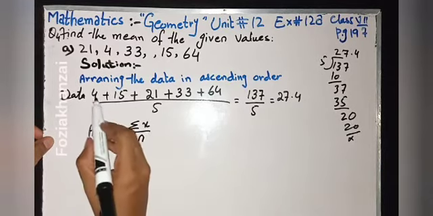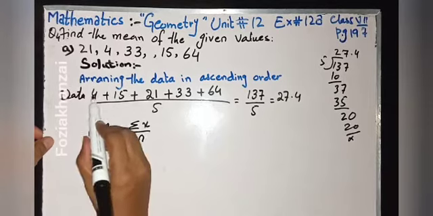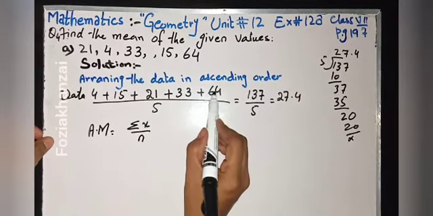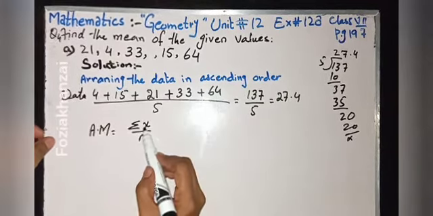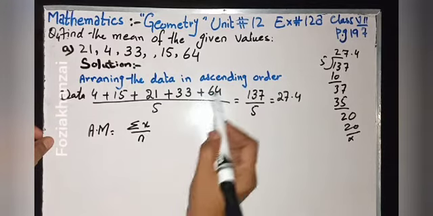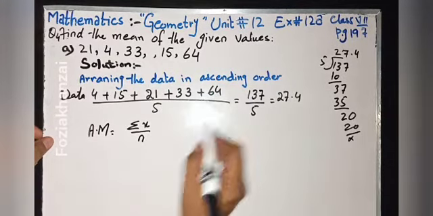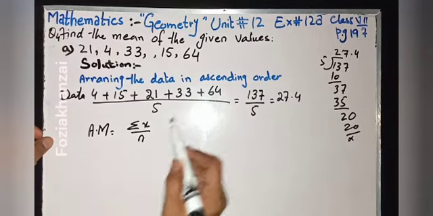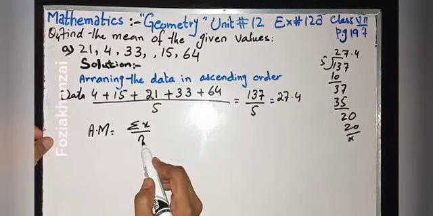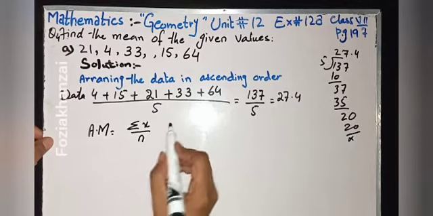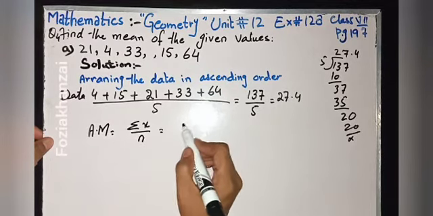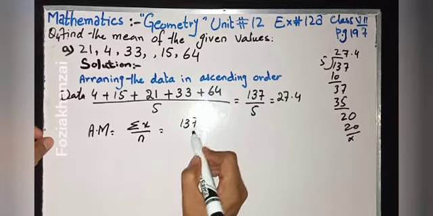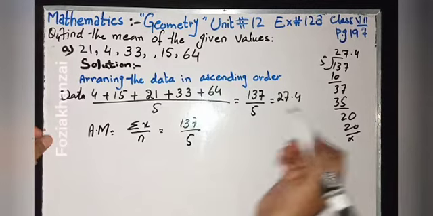X means data, x1, x2, x3, x4, x5. Numbers given as data are called X. Sigma means summation. N is the number of items. So after adding, 137 upon 5.